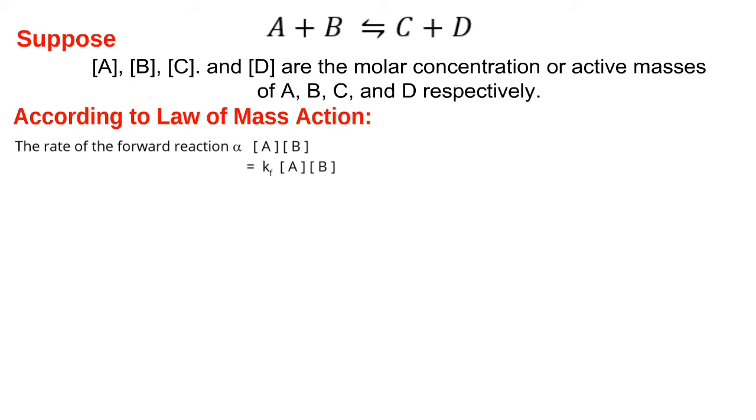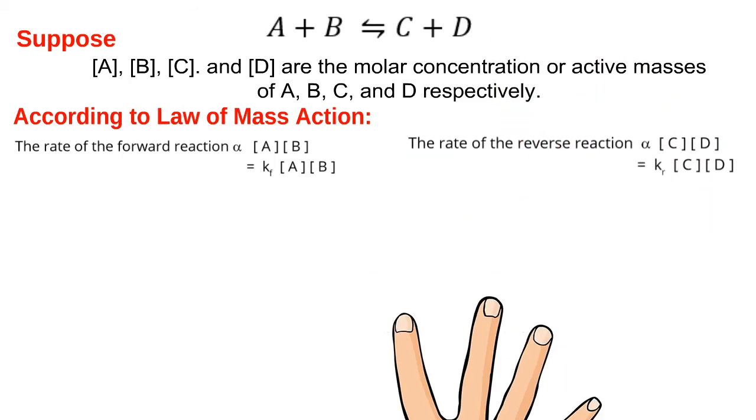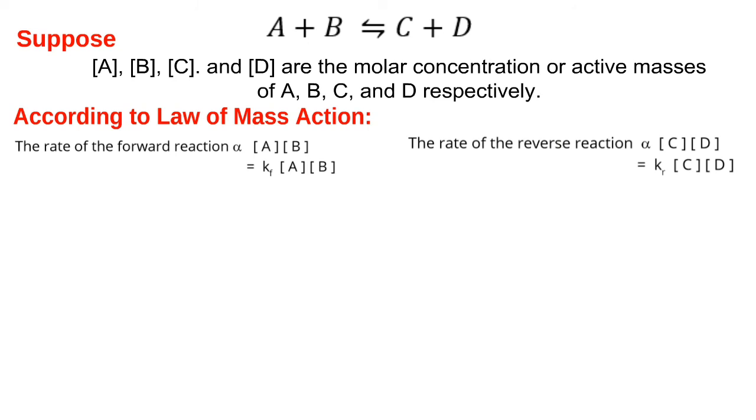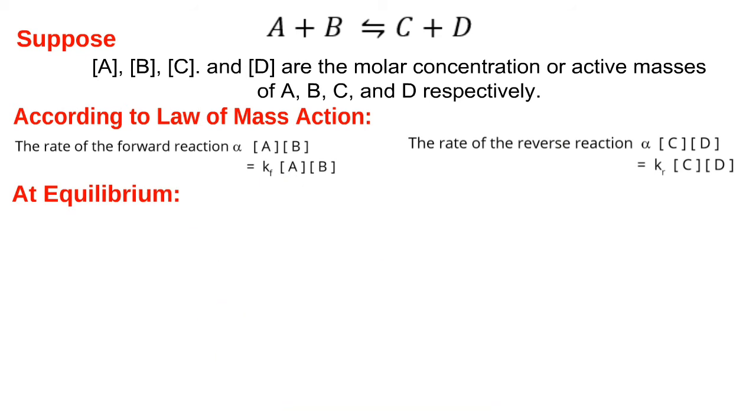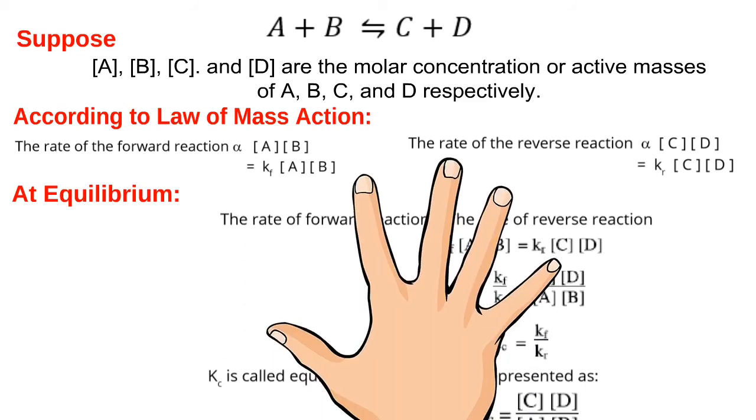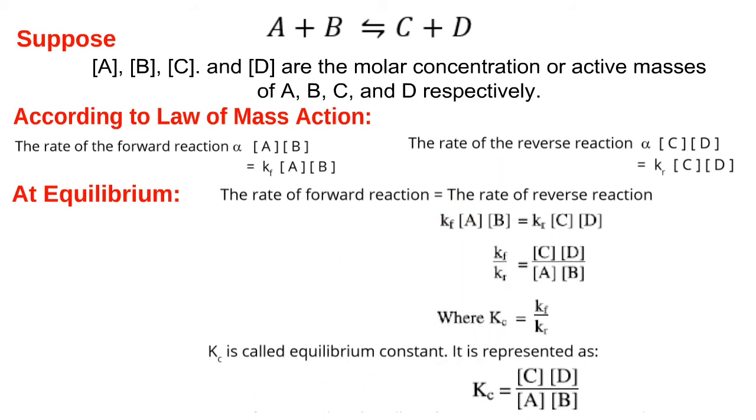Removing the sign of proportionality, there should be a proportionality constant, and for forward reaction it is Kf. The reverse reaction will be represented in the same way, and the proportionality constant here is Kr. Dear students, Kf and Kr are the specific rate constants for forward and reverse reactions respectively. At equilibrium state, the rate of forward reaction is equal to the rate of reverse reaction.